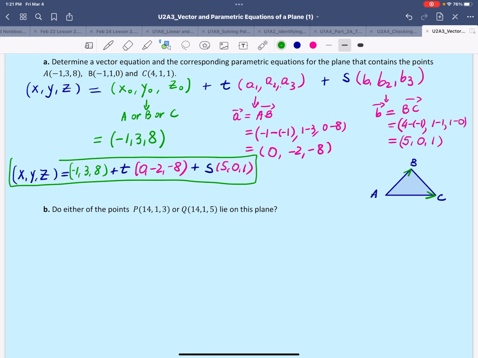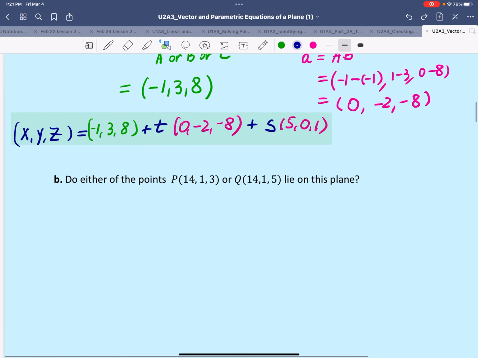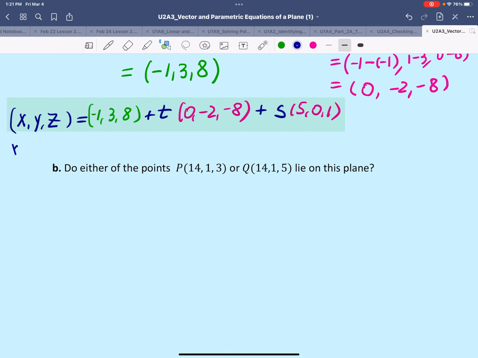And now we are about to find the parametric equations. Parametric equations are built on vector equations. So we'll say that x equals negative 1 plus 0t plus 5s, or simply said, x equals negative 1 plus 5s.